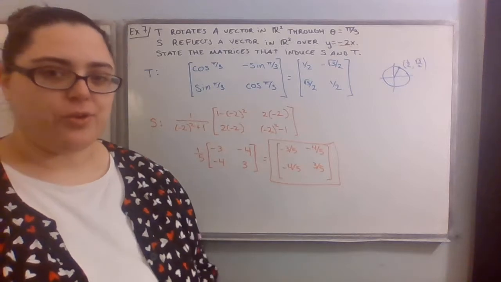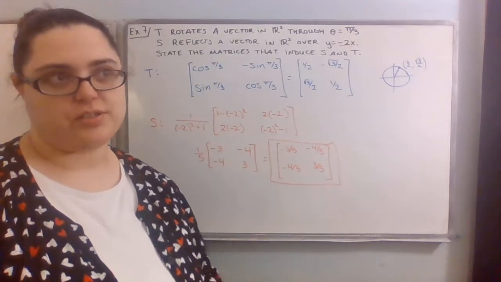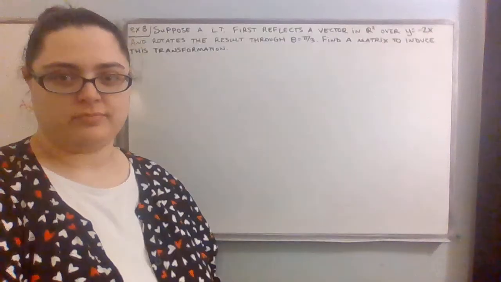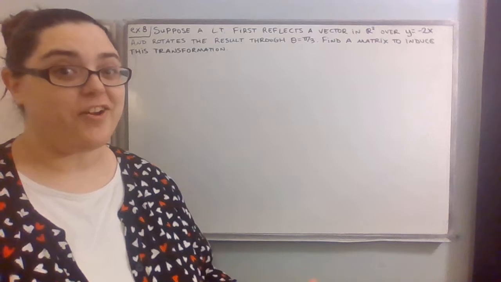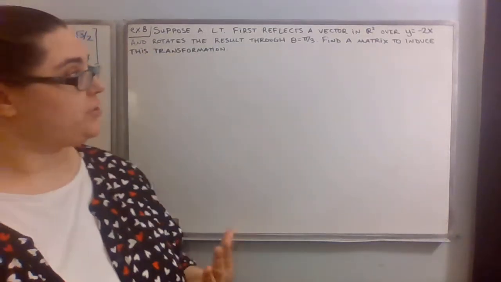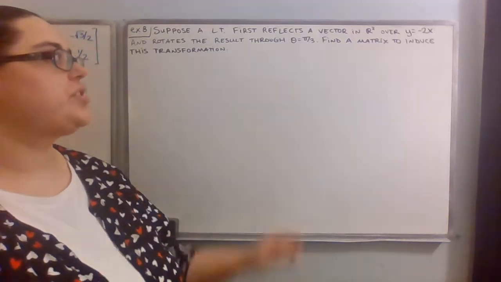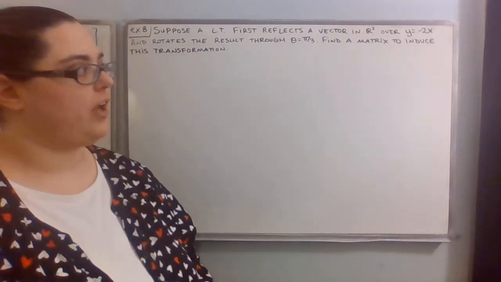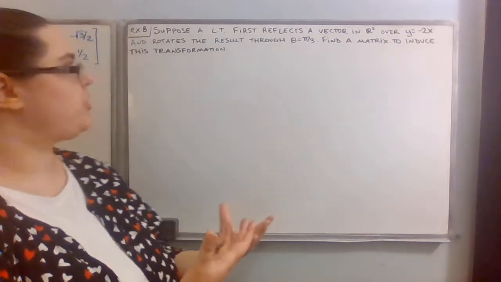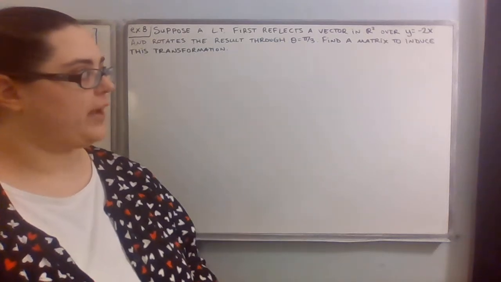All right, now let's look at an example of applying these transformations to create a new one. For example 8, suppose we have a linear transformation that does two things. First, it reflects a vector over the line y equals negative 2x, and then it takes whatever result we get and rotates it through the angle of pi thirds.